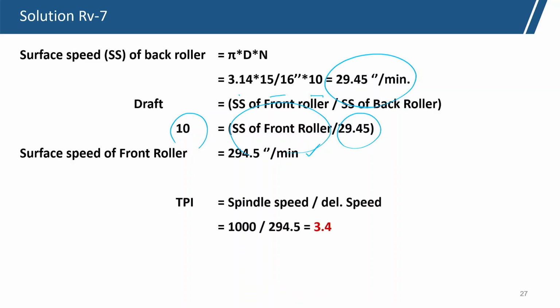So, TPI will be the spindle speed divided by the delivery speed. The surface speed of the front roller is nothing but the delivery speed. So, 1000 divided by 294.5, the TPI is 3.4, twist per inch.